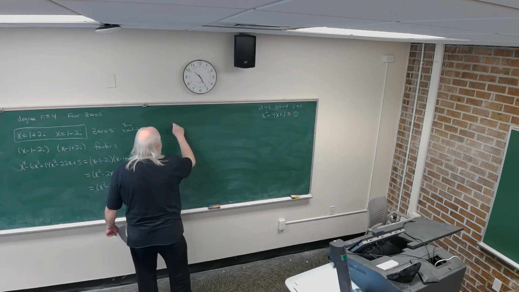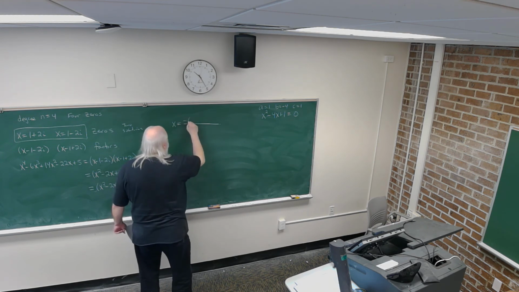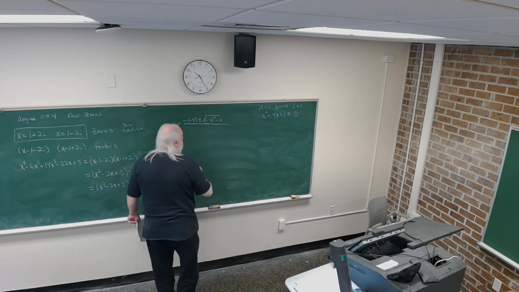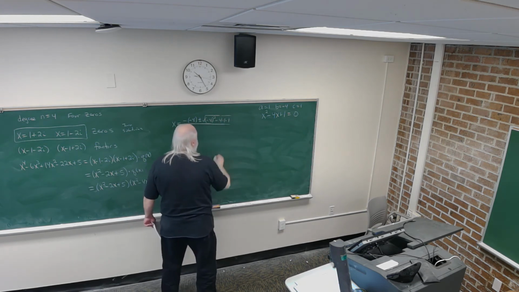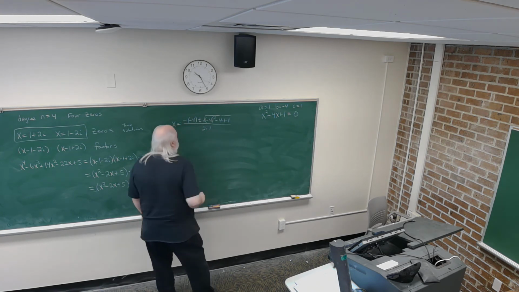So x, right, is equal to negative b. So we have negative of negative 4 plus or minus the square root of b squared minus 4 times a times c, all divided by 2 times a, 2 times 1.